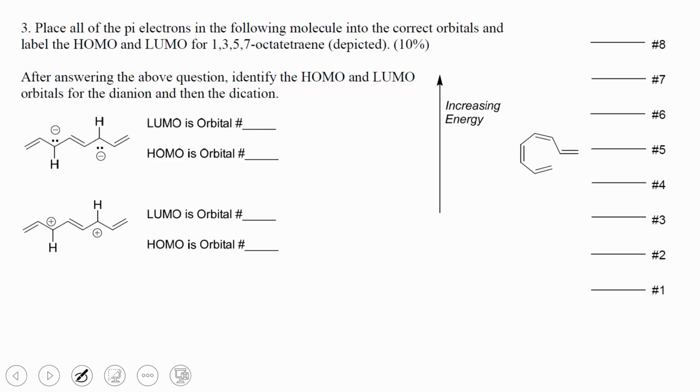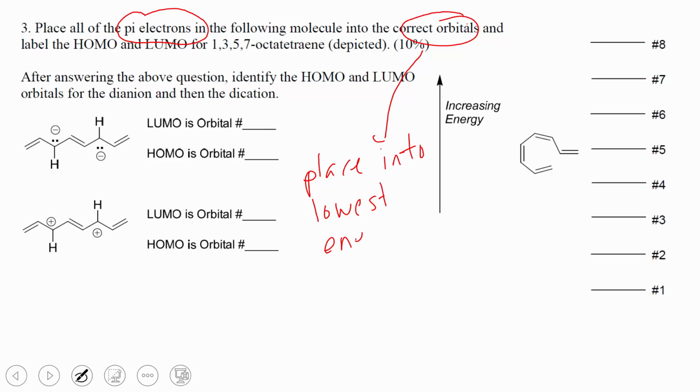What we're looking at is placing all of the pi electrons in the following molecule into the correct orbitals, which means we're going to place them into the lowest energy orbitals first, and we're going to place them 2 at a time.